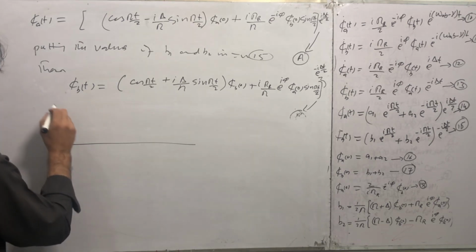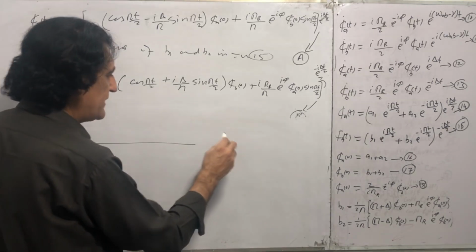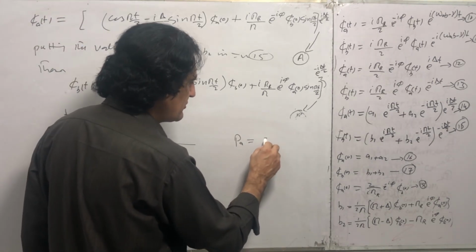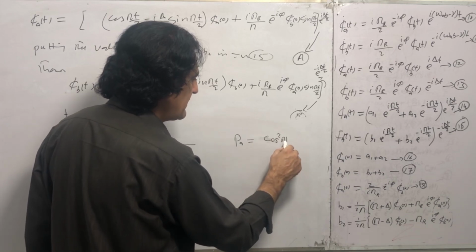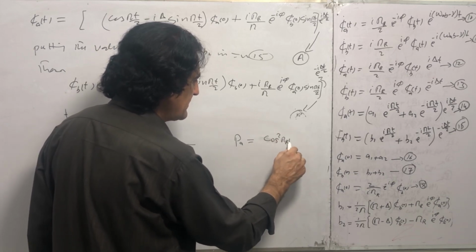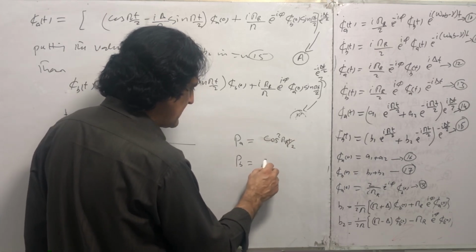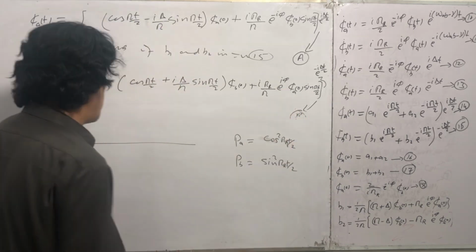It means that the probability of state A will be equal to cosine square omega r t divided by 2, and the probability of state B is equal to sine square omega r t divided by 2.